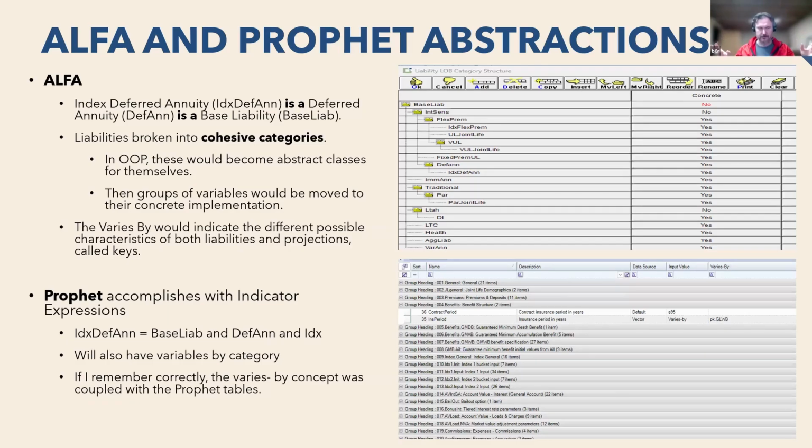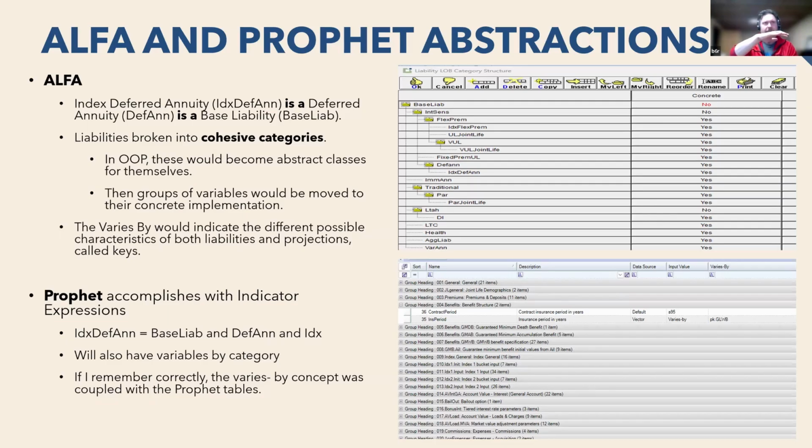I have product A, product C, product D. And the only way you can handle that is with a lot of if conditions. So an ALFA model is going to be very, very tightly coupled because you're dealing with these broad categories of types with if conditions.